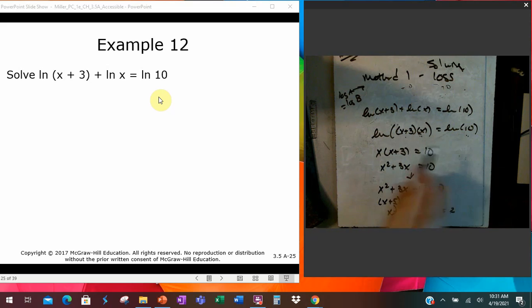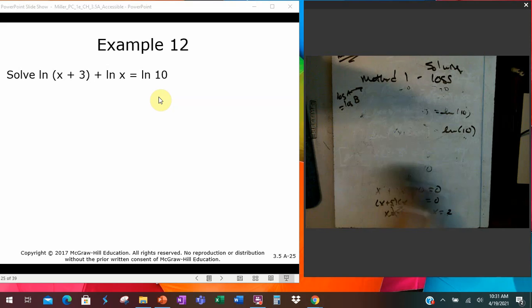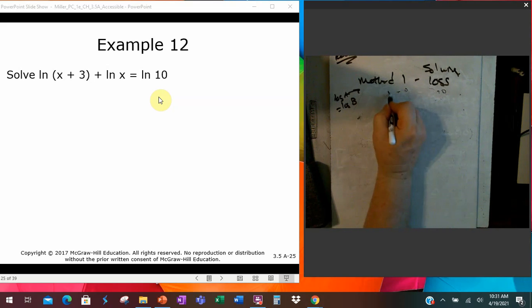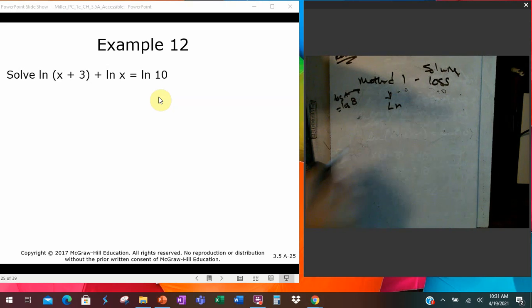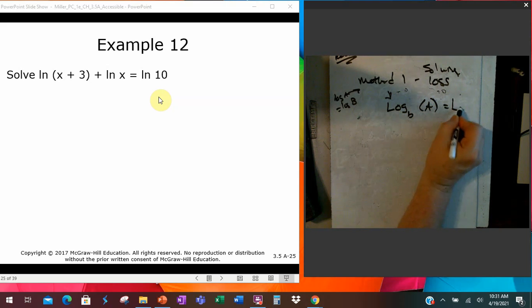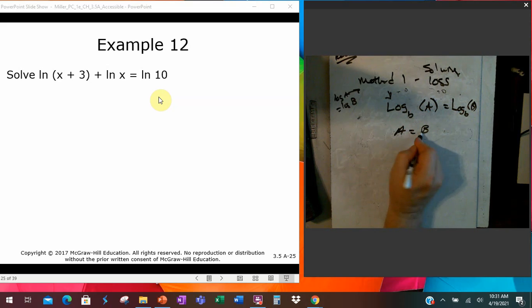So that's method one. Method one, in summary, is that I eventually get down to log of any base of some expression A is equal to the log at that same base of B. If I get this down, then A equal to B and solve.